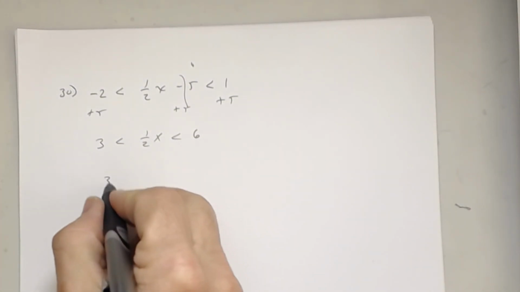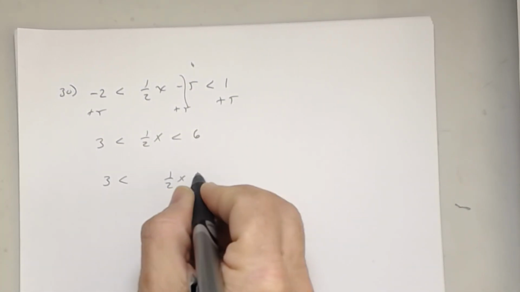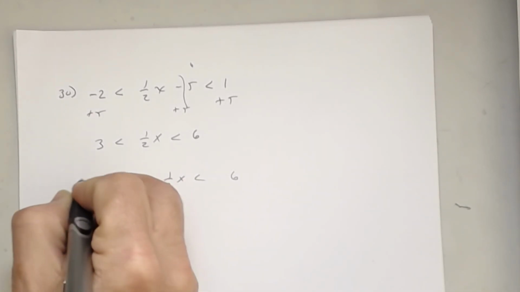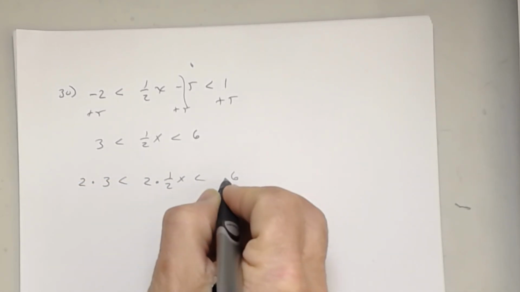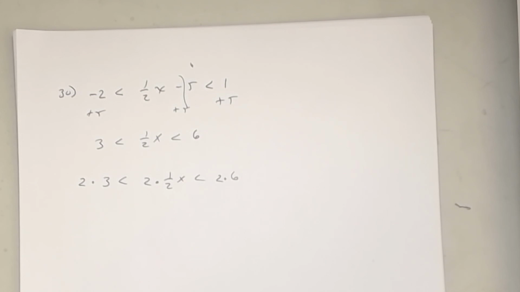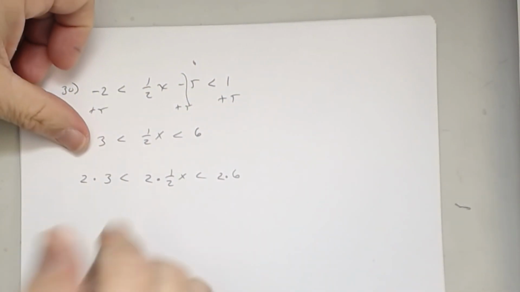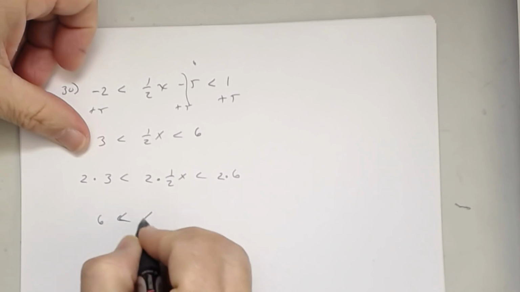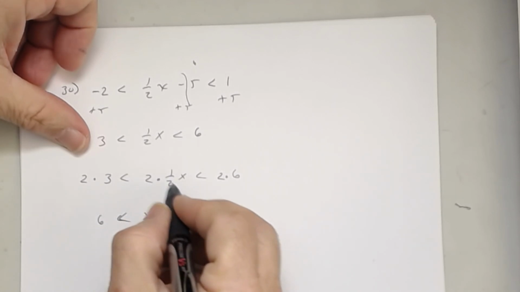So I'm going to rewrite this over. And we say times 2, times 2, times 2, right? Just like you did in the last test. So my solutions then would be any real number that's between 6, because half of 2 is what?